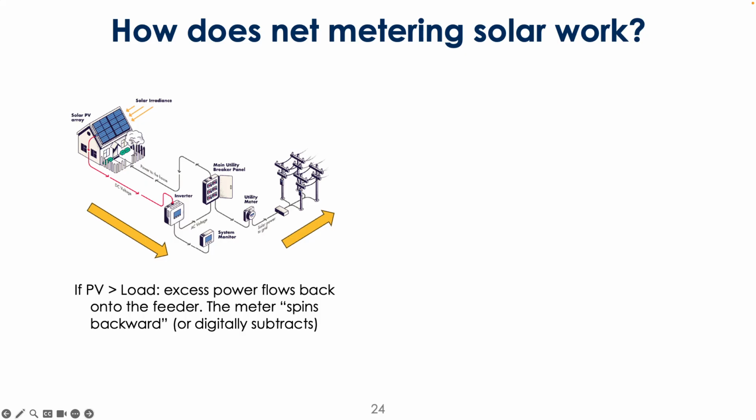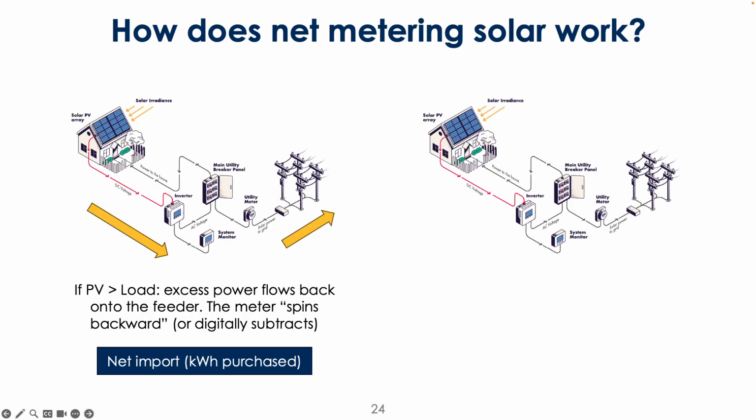And so if your PV generation locally is greater than the load, then the power flows back onto the feeder, and the meter is going to be net negative. That should be net export, not import, right?